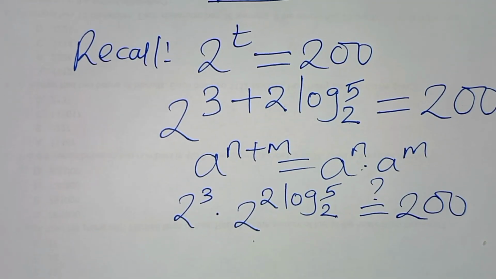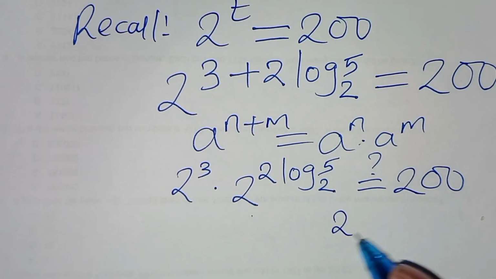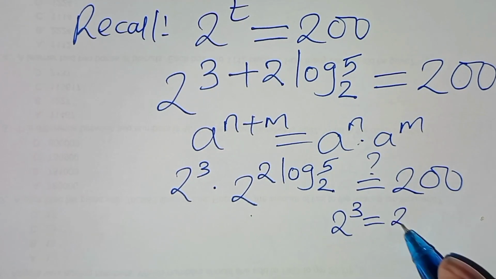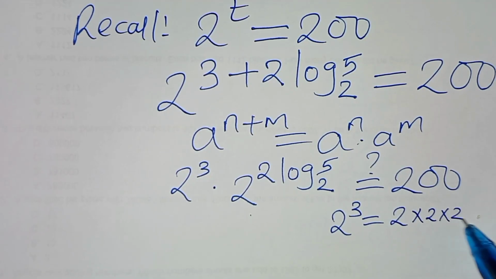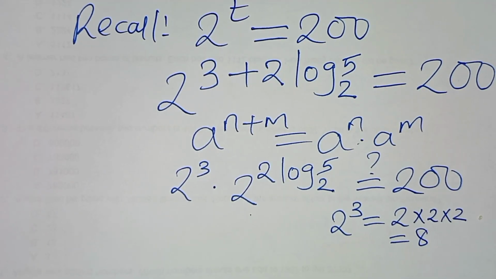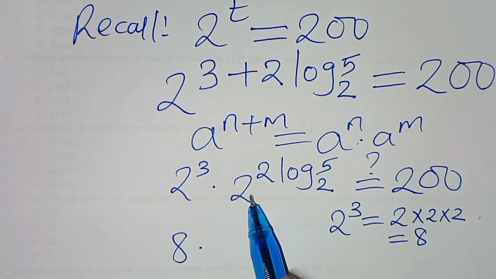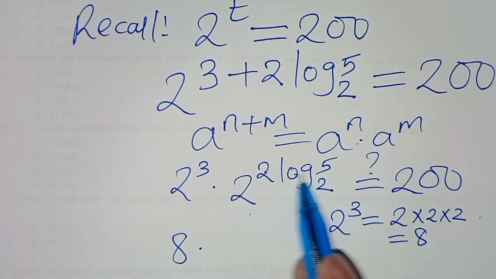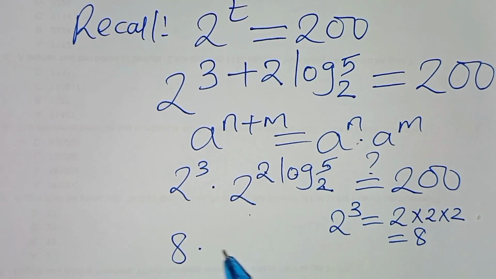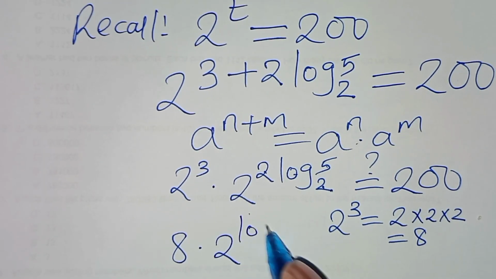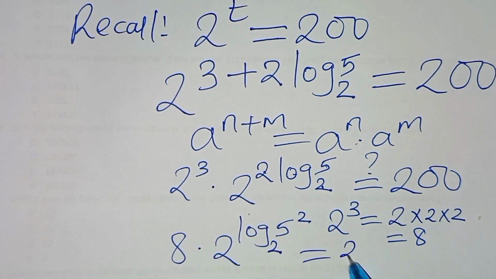Let's check if this is true. Now here 2 to the power 3, this is the same thing as 2 times 2 times 2, which is equal to 8. Let's substitute this. Here we have 8 multiplied by 2 to the power 2 log 5 to base 2, which is the same thing as 2 to the power log 5 to the power 2 to base 2.